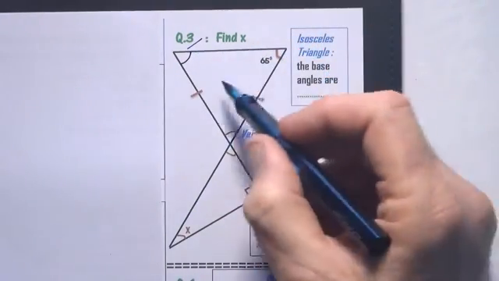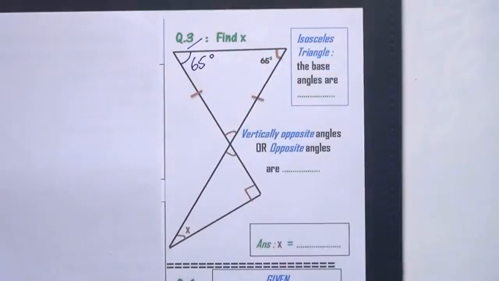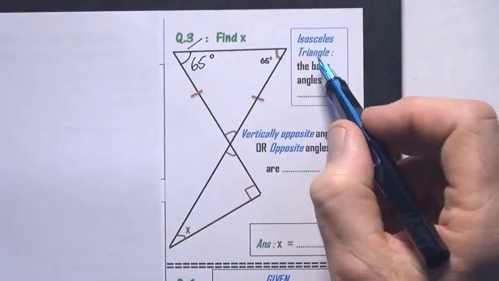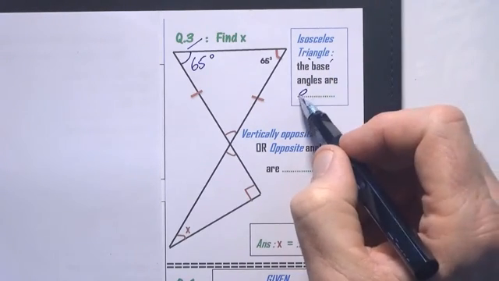So that means that if this is 65, this is also 65 degrees. In other words, in an isosceles triangle, the base angles, as they're called, are equal.